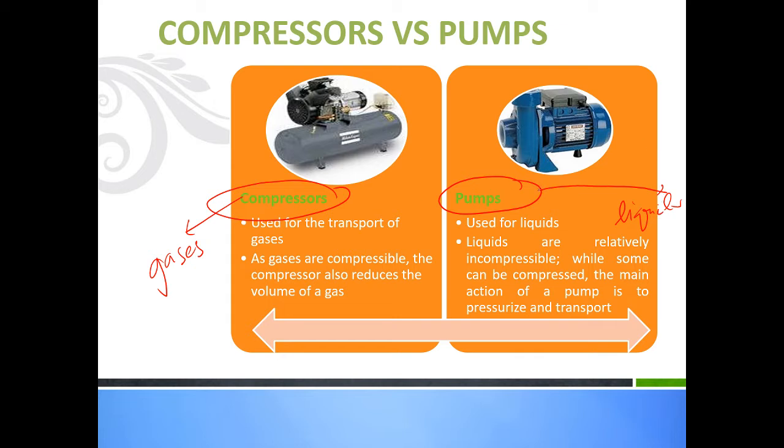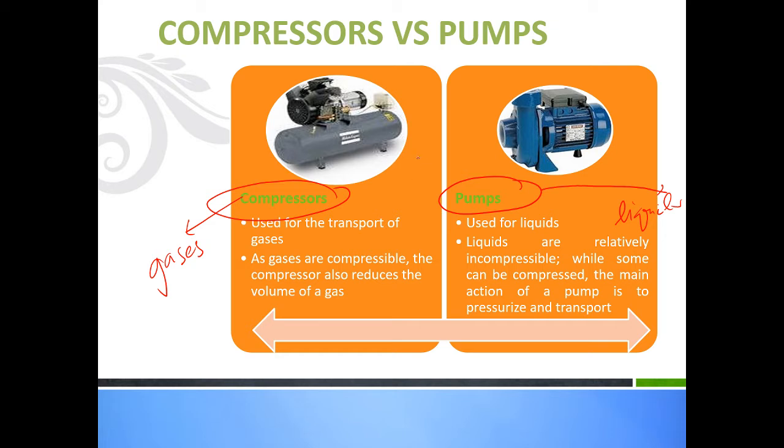I'm sure nakakita na kayo ng pump if may aquarium kayo. Sa laboratory ng 156, 155, meron ding pump. Yung compressor, I'm not sure, pero if nagme-makeup kayo, yung airbrush makeup, yun, gumagamit yun ng compressor. So, bakit iba siya?